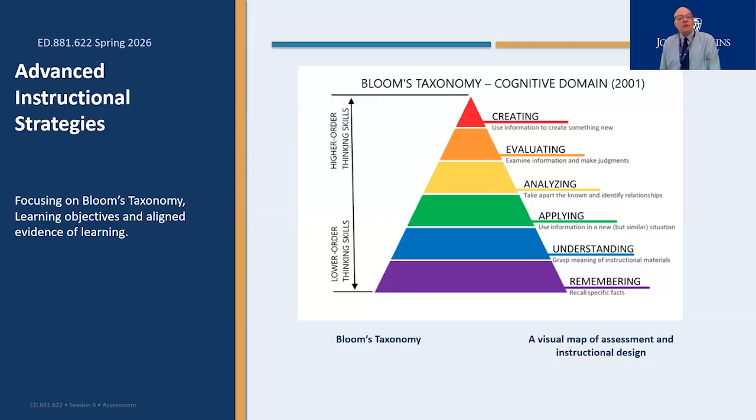And we move to higher order thinking skills. So on the right-hand side, we will reveal another graphic that we use during the course, but it is a visual map. So it begins with remembering, understanding, applying, analyzing, evaluating, and creating.